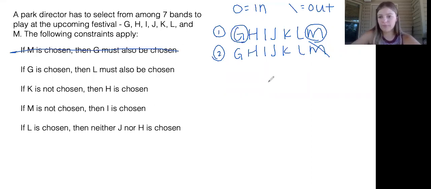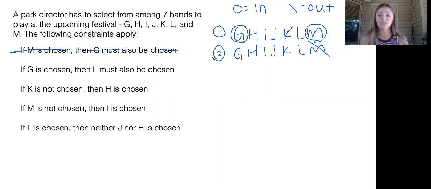We don't have to worry about that rule anymore because we've assigned where our M's go and we've applied that rule. Moving on to rule number 2, if G is chosen, then L must also be chosen. Every time we go into a new rule, we have to go all the way back up to our first diagram. And that's because when we're making these diagrams, we're making all the different scenarios that are happening.